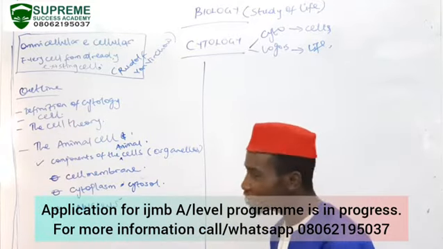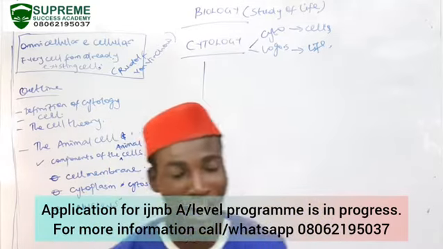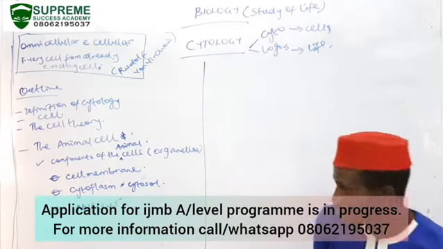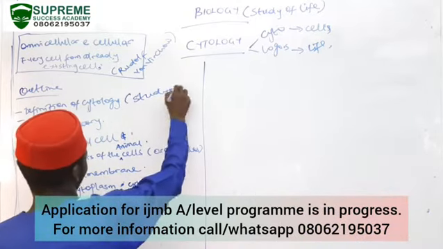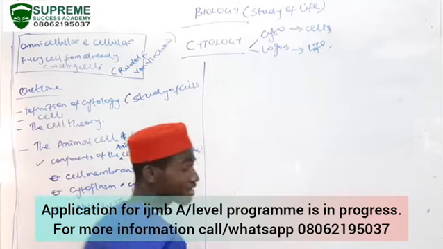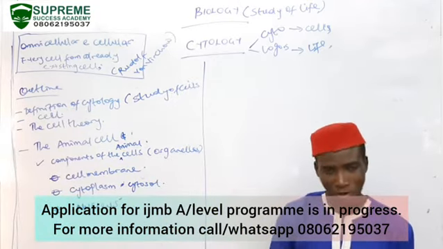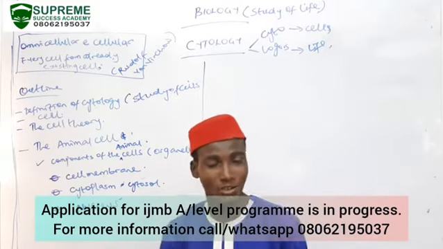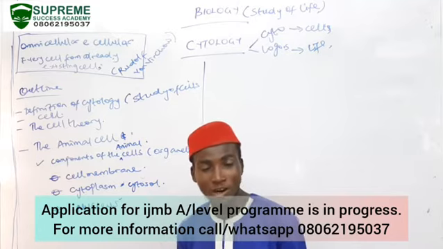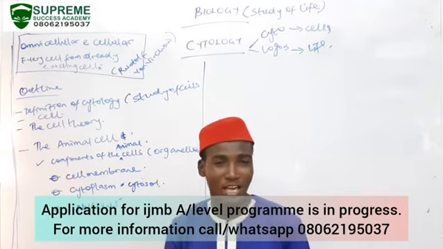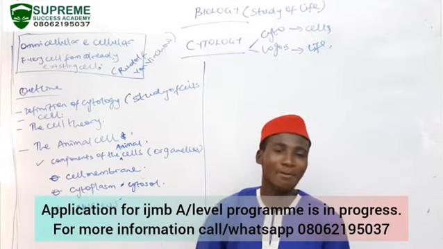So, the definition of cytology. What is cytology? Cytology can be defined as the study of cells. Just the way in biology we have different logies, because the word logos means to study. We have cytology, histology, embryology, genealogy, andrology, epidemiology, gynecology, andragogy.